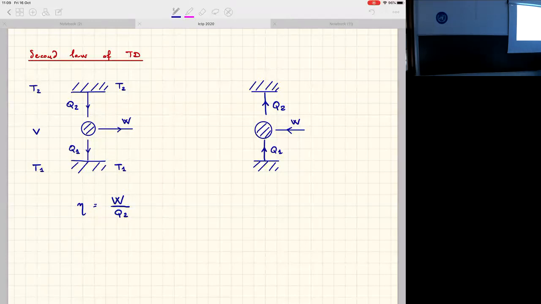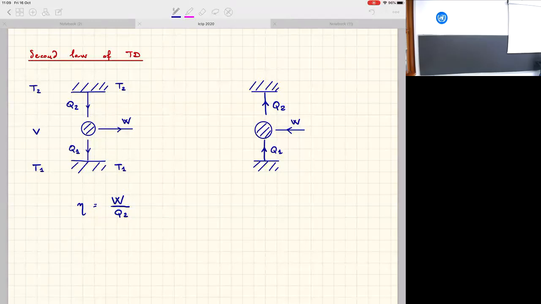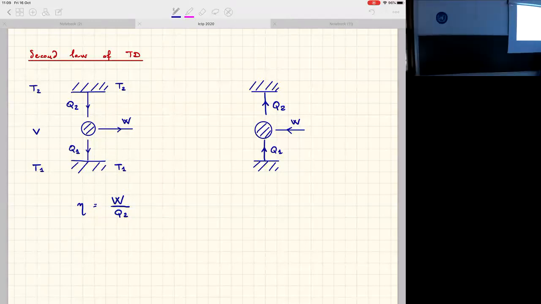So, the confusion is the following. Let's say, look at the lights above you. You turn it on, and I turn it off. Was it a reversible transformation? Why?